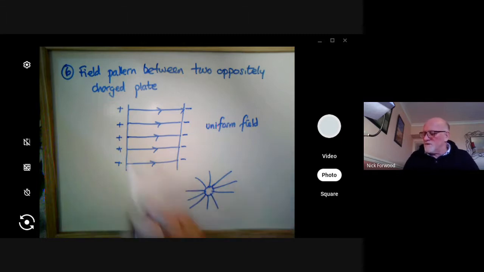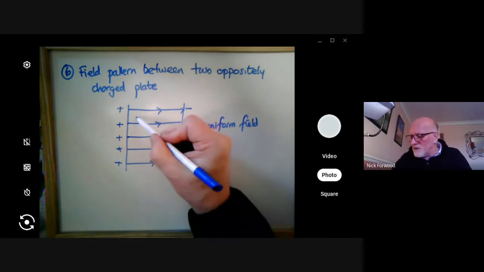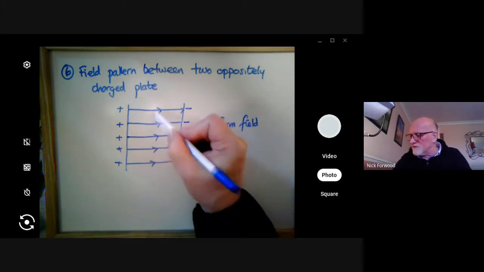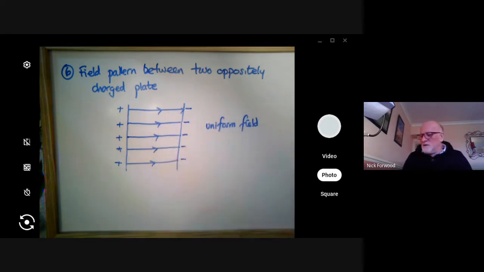And you can tell because the lines don't get any closer together. They're in fact parallel lines. And if they're parallel lines, then the strength of the field between there and there is the same as the strength in the field there and there, and it's the same down here, and it's what's called a uniform field.